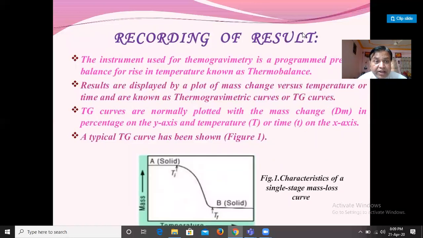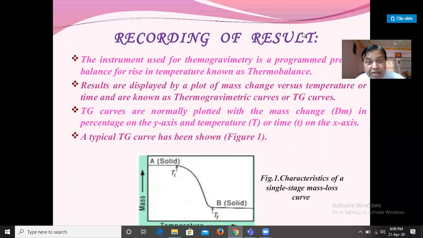Here, recording and result. The instrument used for gravimetric analysis, which is programmed for a rise in temperature, is known as a thermobalance.